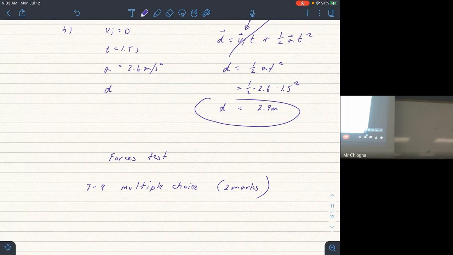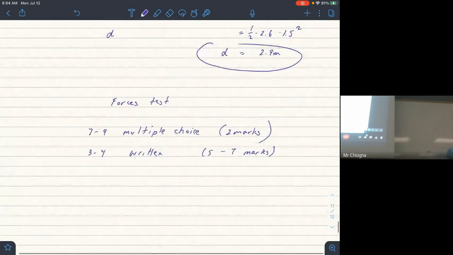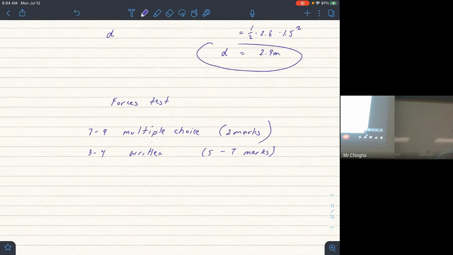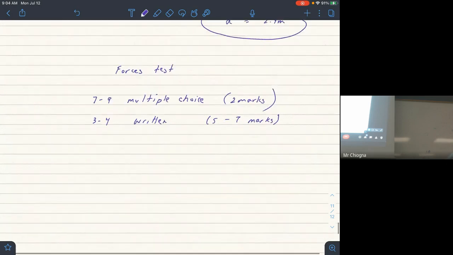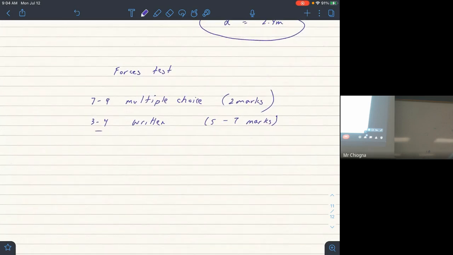It'll have 3 to 4 written questions, worth 5 to 7 marks each. I can get to more specifics later, but there definitely will be, first of all, probably one of the written questions on just stating Newton's 3 laws.